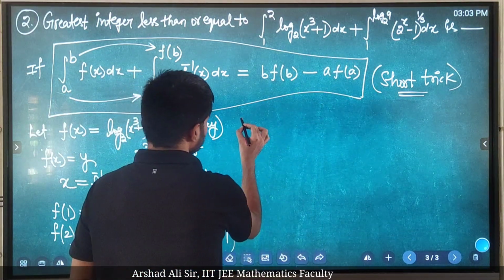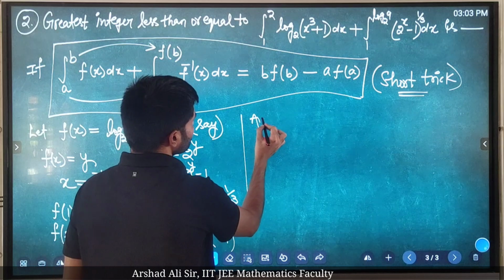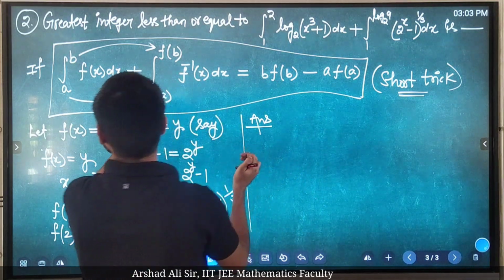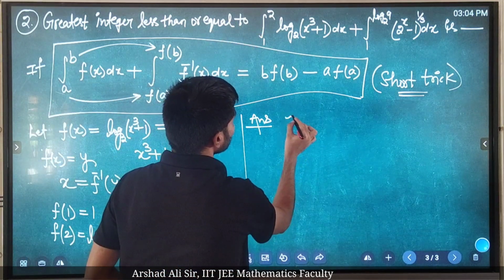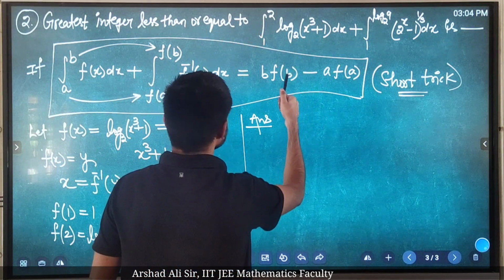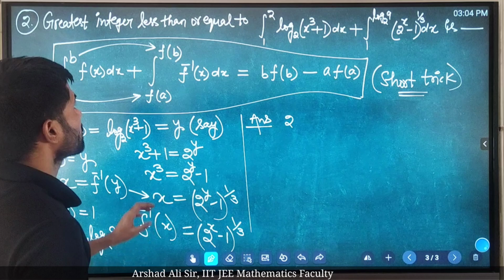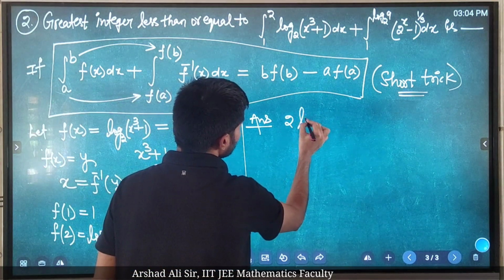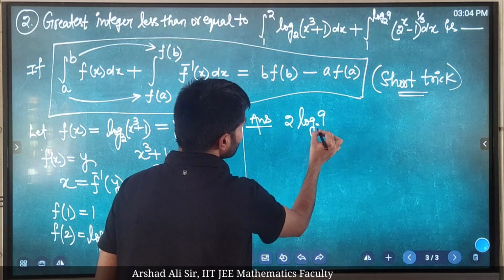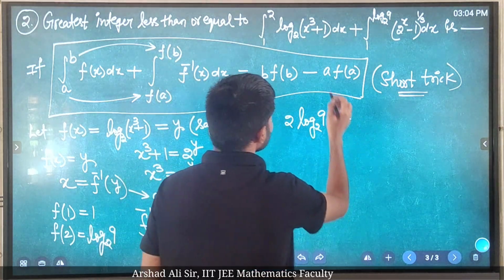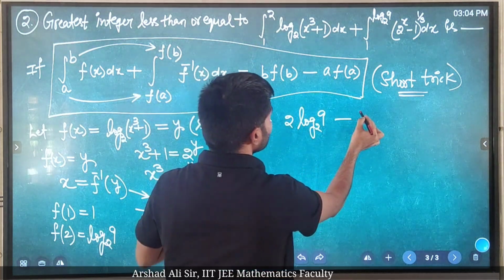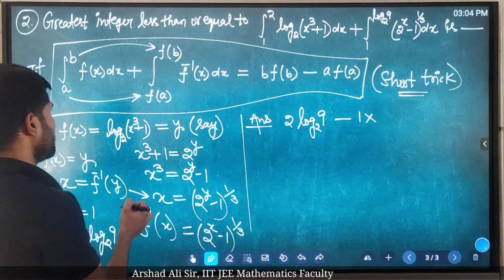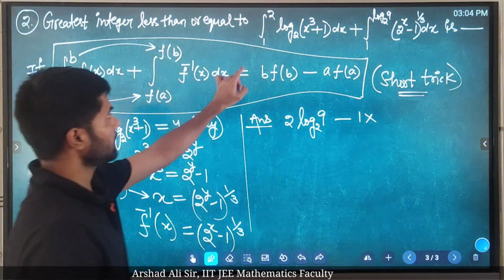So what is the answer? The answer will be b times f of b. What is b? b is 2, and f of b means f of 2, which is log 9 at base 2, minus a times f of a.